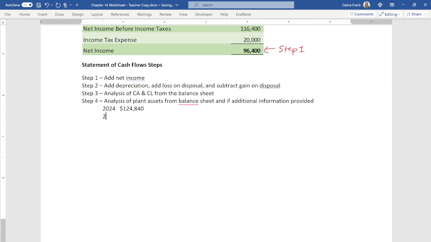And then 2023, and so our difference, which is an increase.